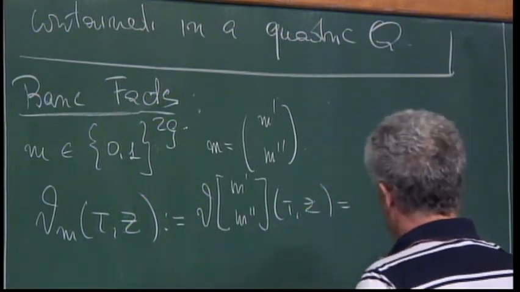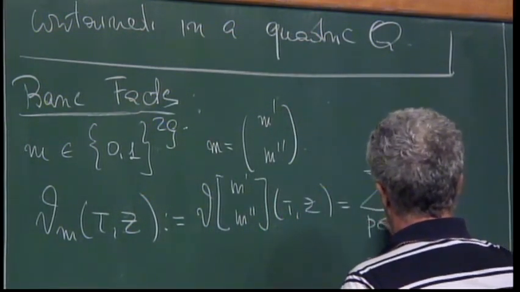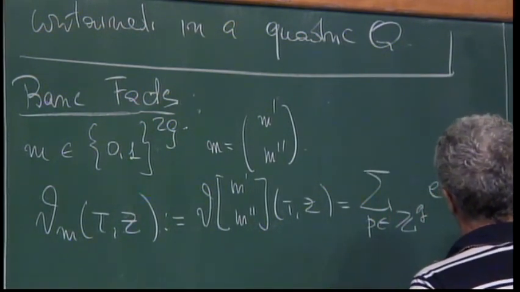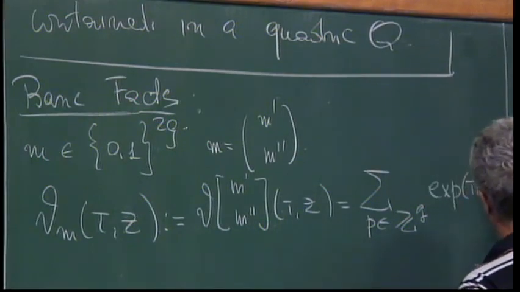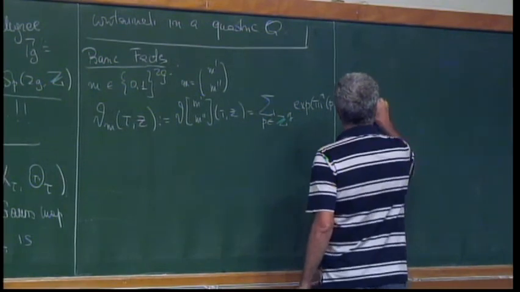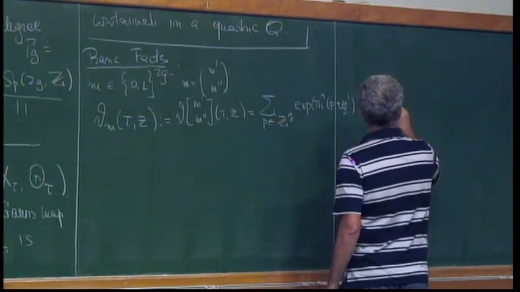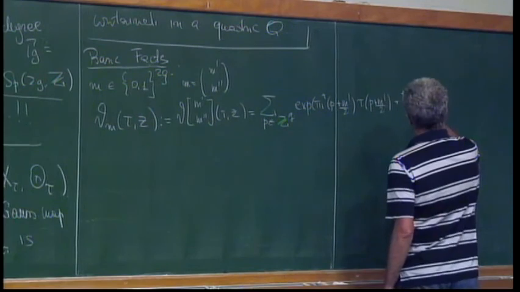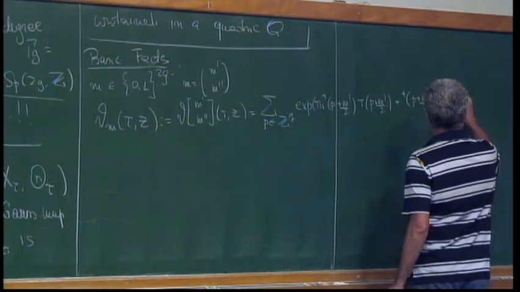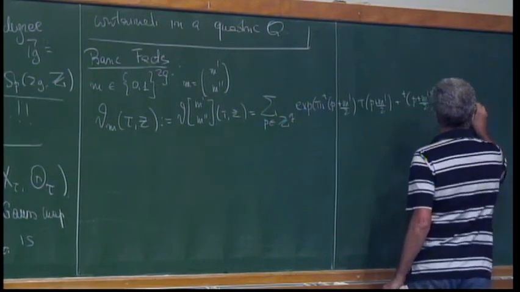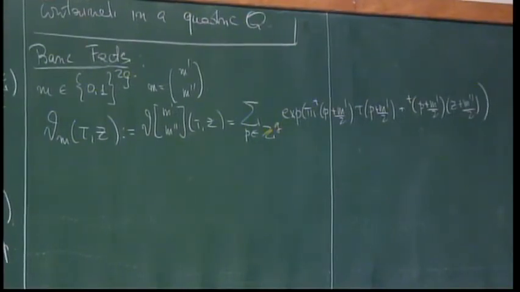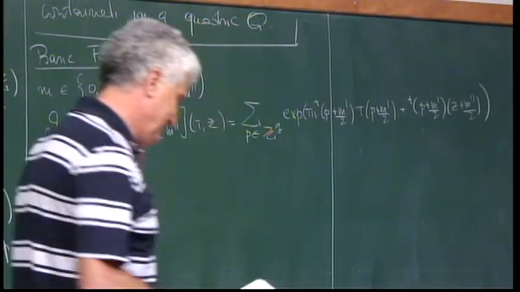This is equal to the summation over P that belongs to Z^g of the exponential of pi i times (P plus M prime over 2) transpose tau (P plus M prime over 2), plus (P plus M prime over 2) transpose (z plus M double prime over 2). M prime appears 3 times, M double prime 1 time. Usually it's a mistake. No, it's correct.